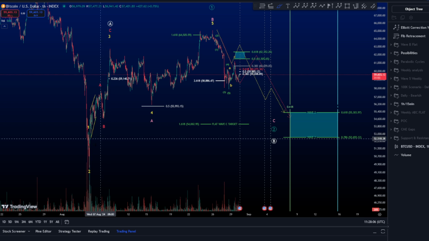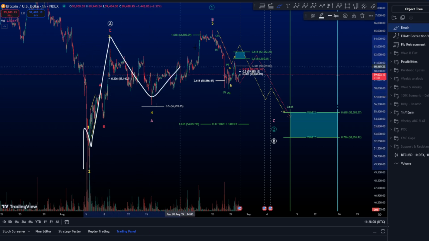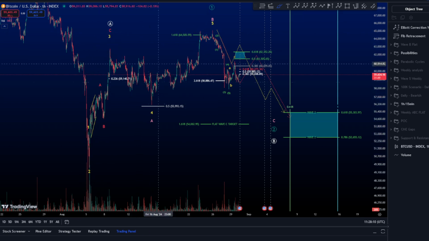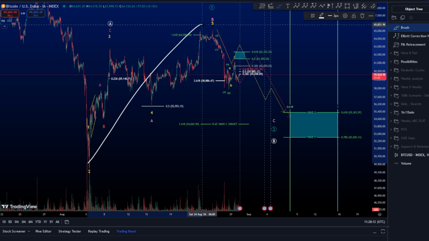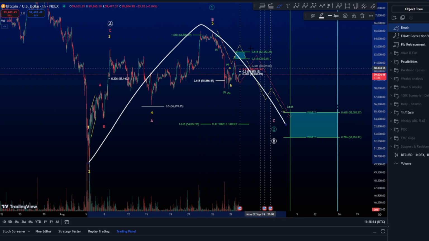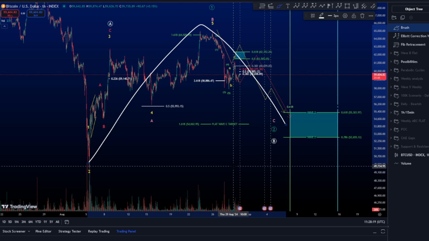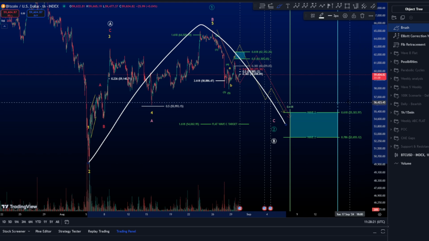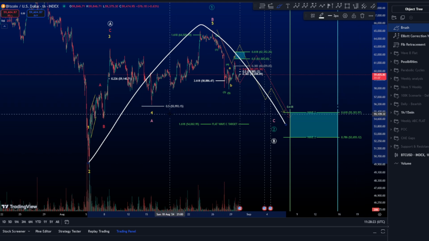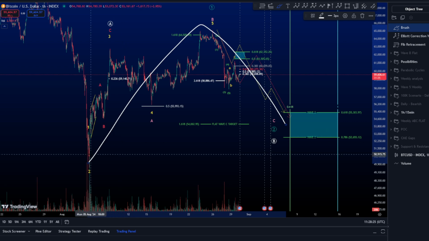So therefore, 1, 2, 3, 4, 5. You already have your wave 1 here. We are looking for a wave 2, and by the way, this whole wave matches exactly the wave 1 of 1, if you remember, on the daily chart. Based on Elliott Wave theory, wave 1 of an impulse 70% matches the wave 5.